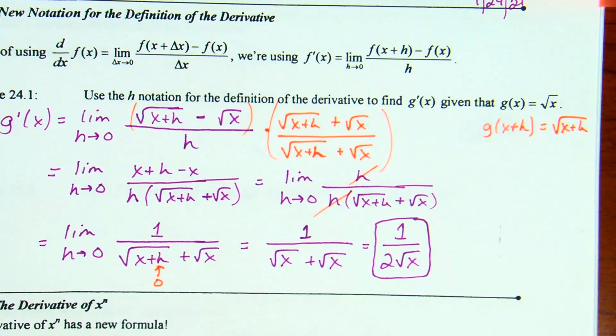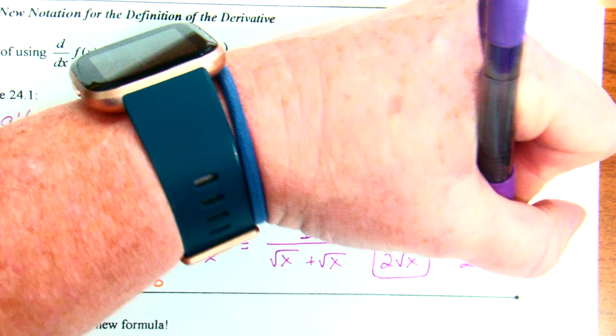Now, I'm going to rewrite this real quick. Not saying you always have to do this. This has a future purpose. Okay? What is the square root of x with an exponent? Okay. So the square root of x is the same as x to the 1/2.